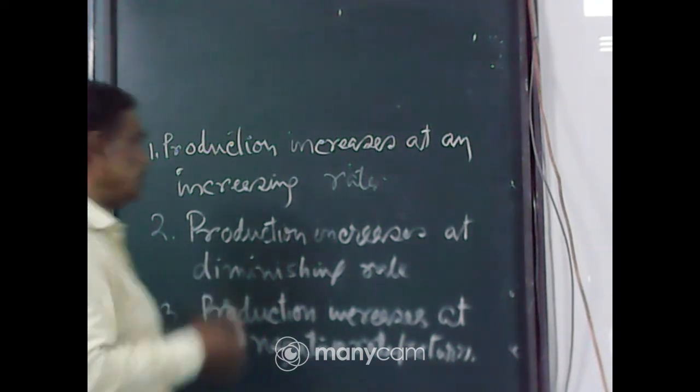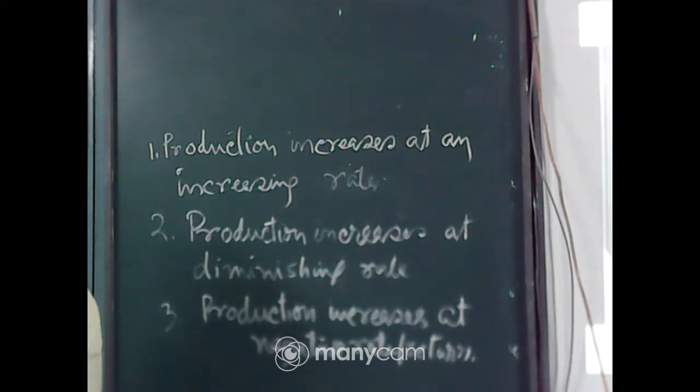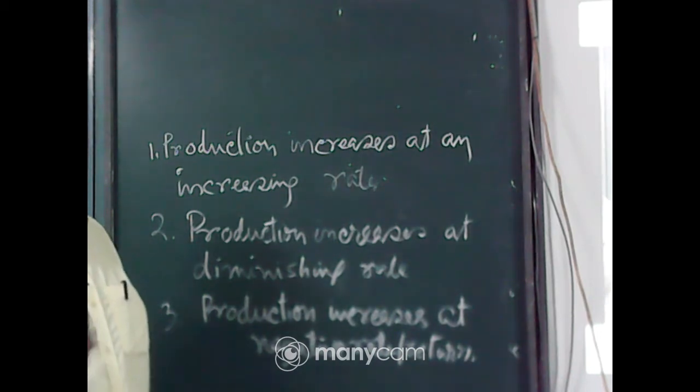And now, with the increase of time in the second stage, production increases but not at increasing rate, increases at diminishing rate, because the capacity of the production of both the fixed and variable factor declines. And in the third stage, production decreases rather at negative return.